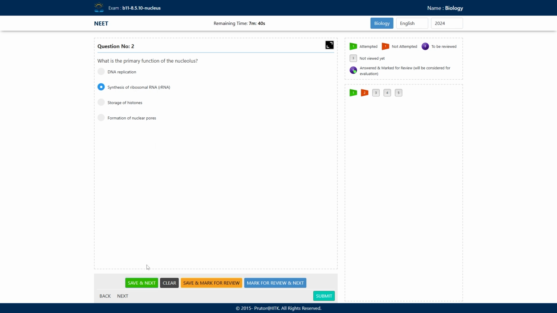Now let's move on to the next question. Which of the following cells is anucleate, means it lacks the nucleus? Hepatocytes, which are liver cells. Mature erythrocytes in humans, means RBCs. Then neuron, which is a nerve cell, and then sperm cell. What is the correct answer?